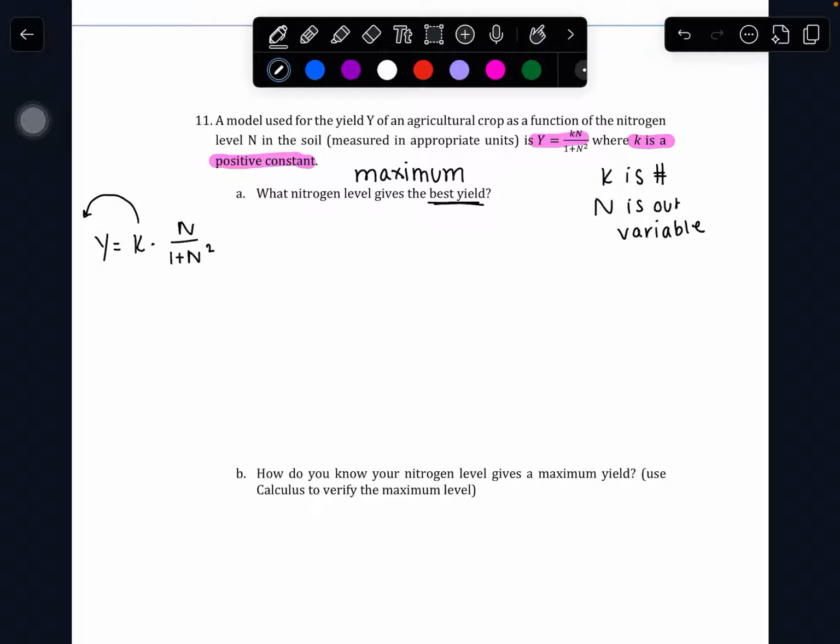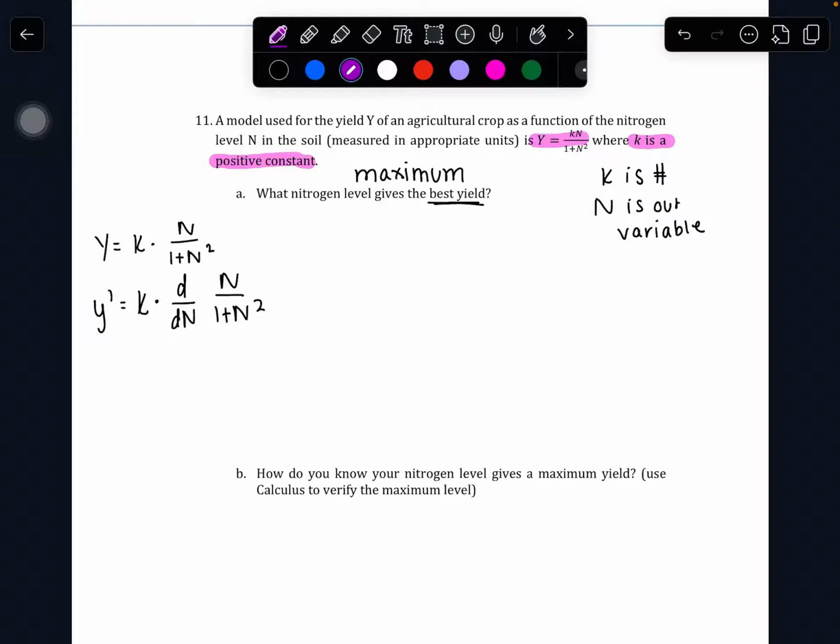Y prime is going to be equal to k times d/dn of n over 1 plus n squared. So I pulled the k out of the derivative because it's just a number, and I don't really care about it right now. Okay? So I have a fraction.